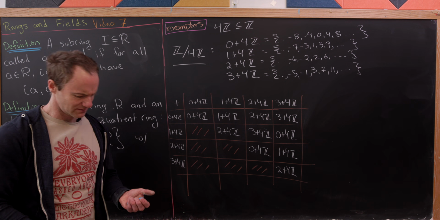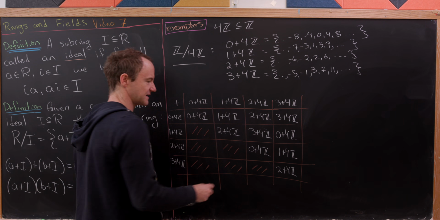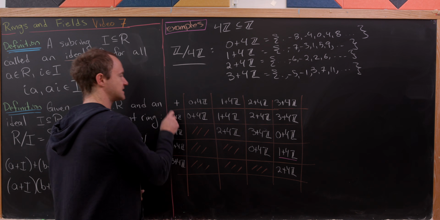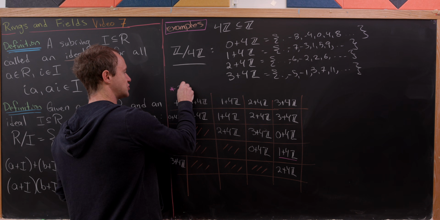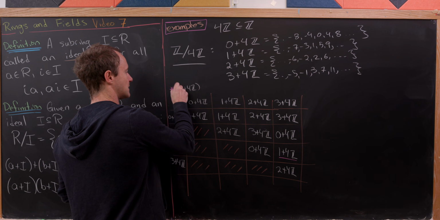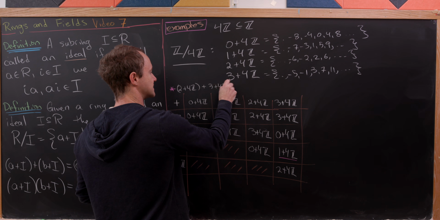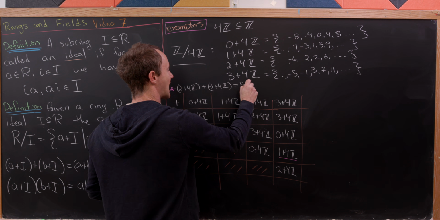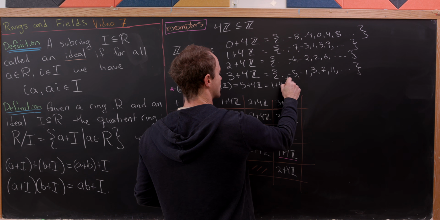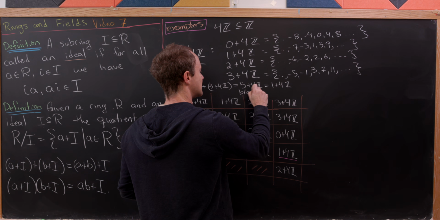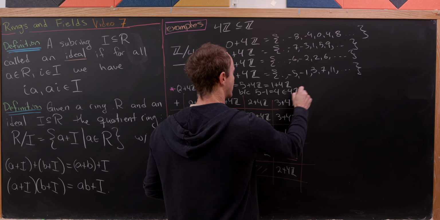And now, well, let's maybe highlight one of these just so that we're all on the same page. Let's maybe underline this in magenta and we'll bring this up here. And let's observe that 2 plus 4z plus 3 plus 4z is equal to 5 plus 4z, but that's equal to 1 plus 4z because 5 minus 1 is equal to 4, which is an element of 4z.